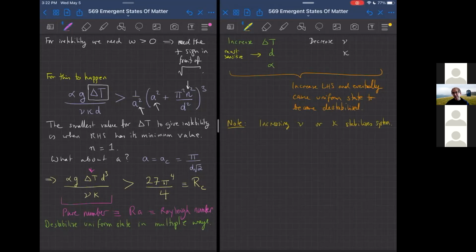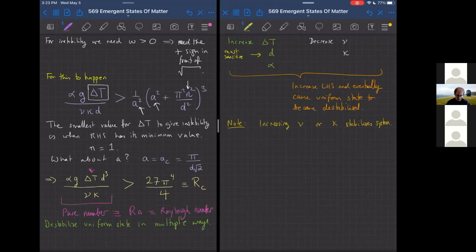Nu comes in because if you make the system very viscous, then it's going to be very hard for the fluid to start moving because it has to fight against the viscosity. Similarly, if you increase the thermal conductivity, then you don't get those hotspots developing, just like in the lambda transition of superfluid helium. And so again, that stops the formation of these convection patterns.